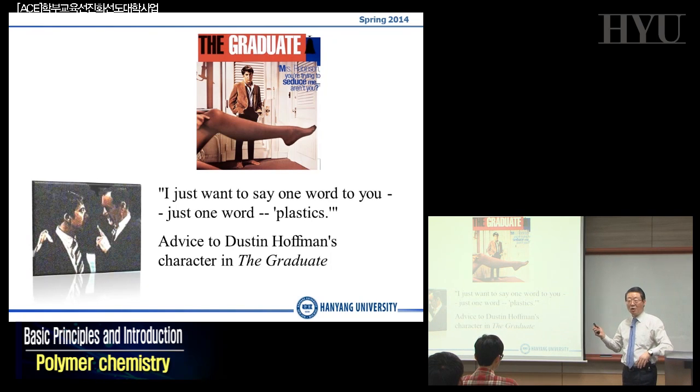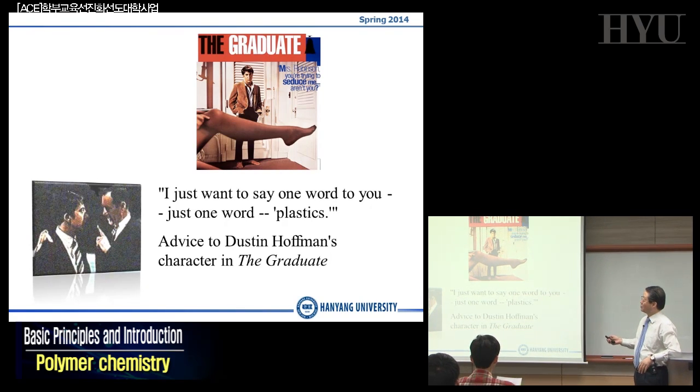Perhaps this is the long and old drama or cinema called The Graduate. The Graduate. We have Dustin Hoffman. Dustin Hoffman's character was written here, and there is a big, I don't know what it is, but perhaps you know what this is.